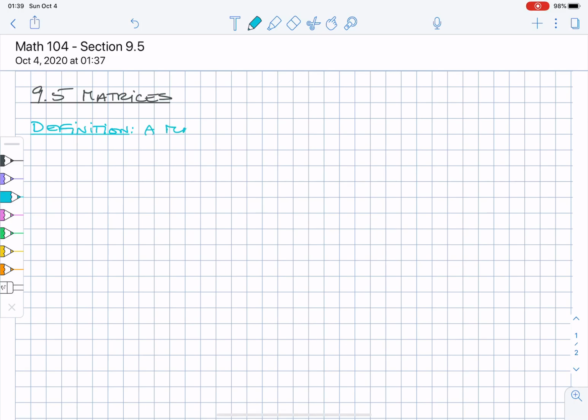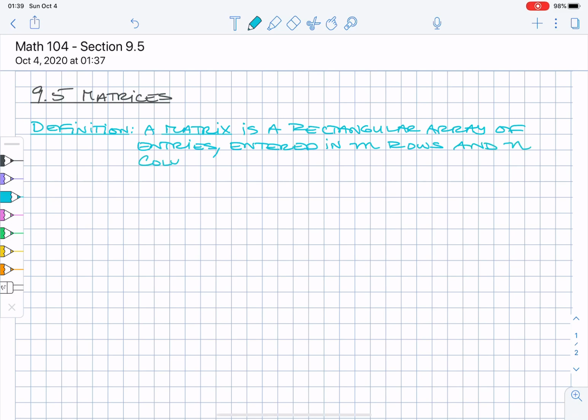Well, a matrix, that's what we're defining, is a rectangular array of entries entered in M rows and N columns.